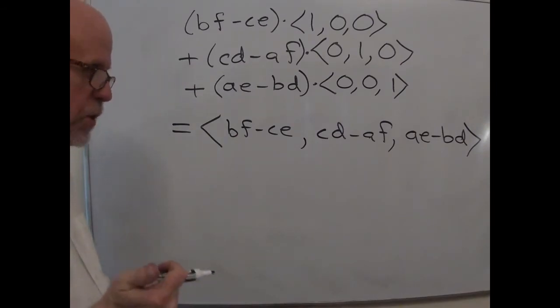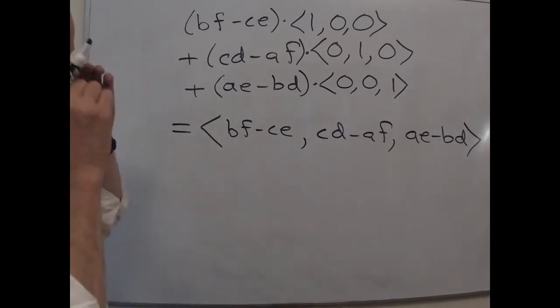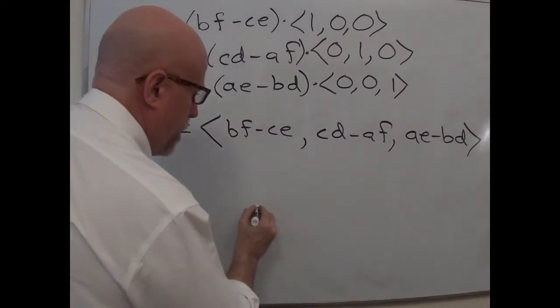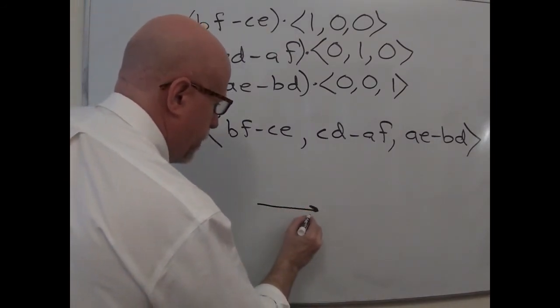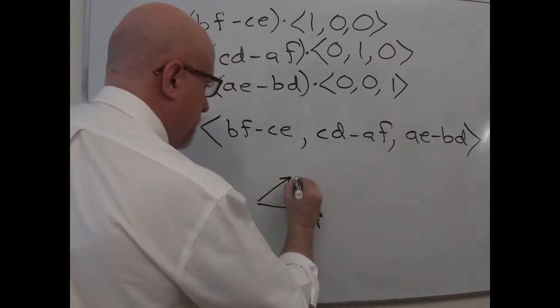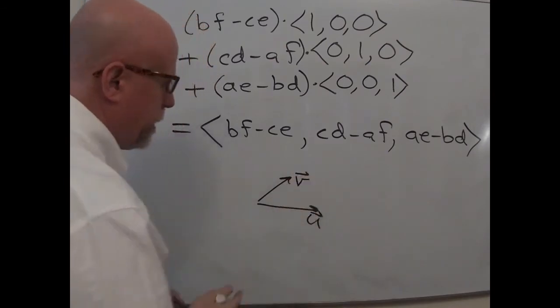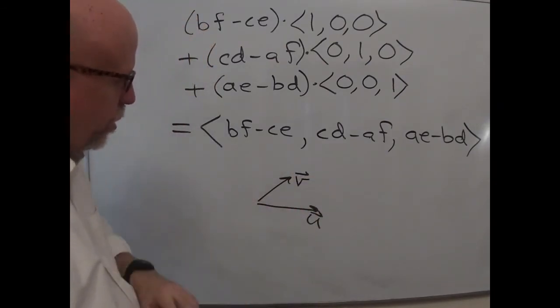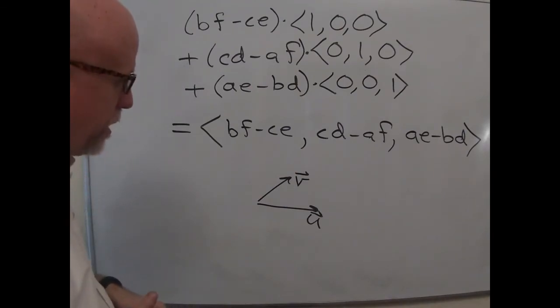There's some really cool stuff, though, about this particular vector. Let me illustrate the geometry of it. If you have a vector U and another vector V, think of these as in 3D space. So I'm thinking that one's almost pointing along the x-axis, and that one's pointing more along the y-axis.